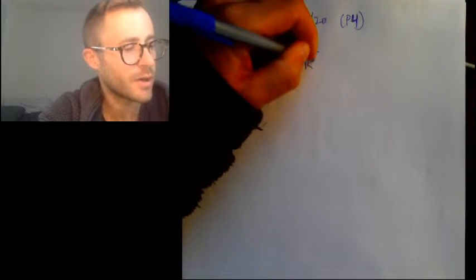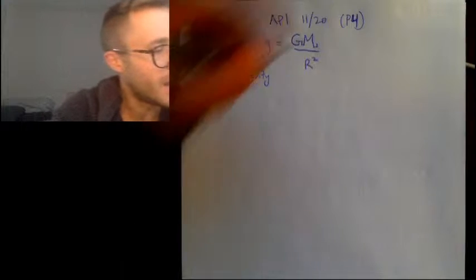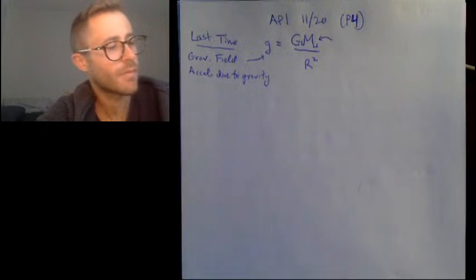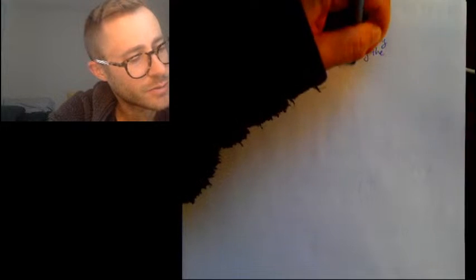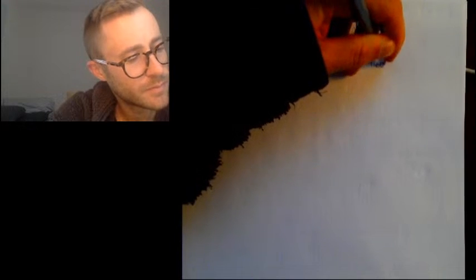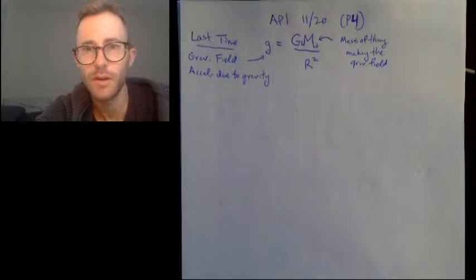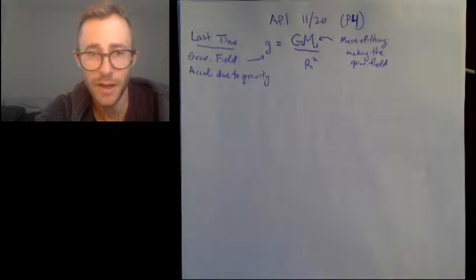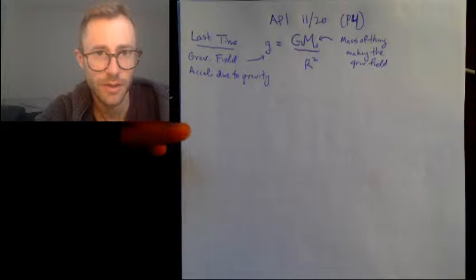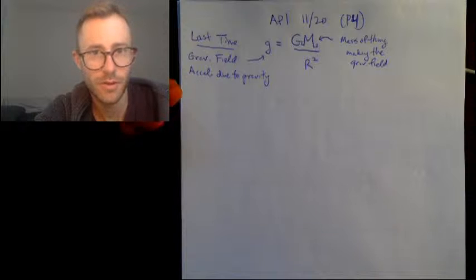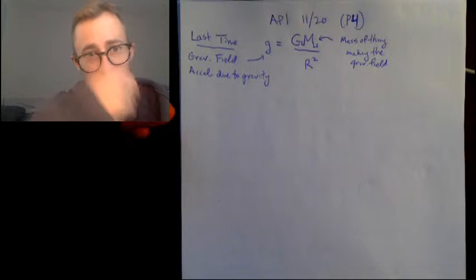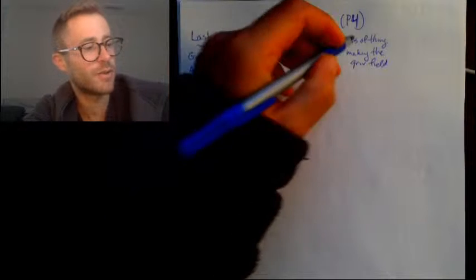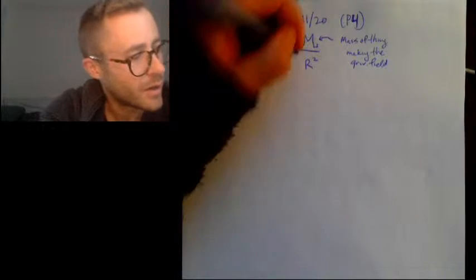So M is the mass of the thing making the gravitational field. Okay? And that depends on perspective. It's just whatever gravitational field we want to calculate, the mass of the thing making that gravitational field.